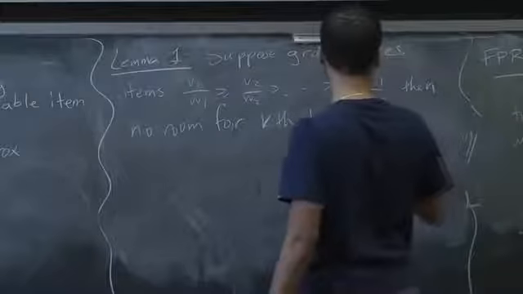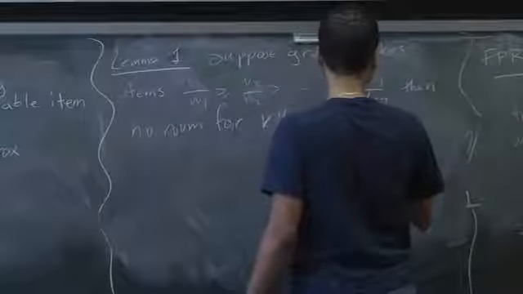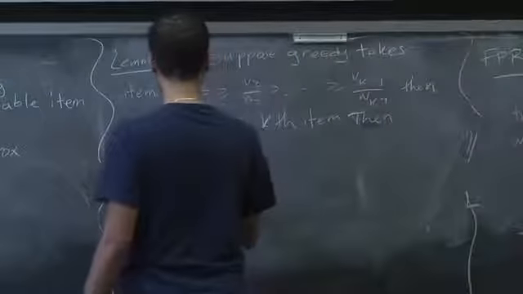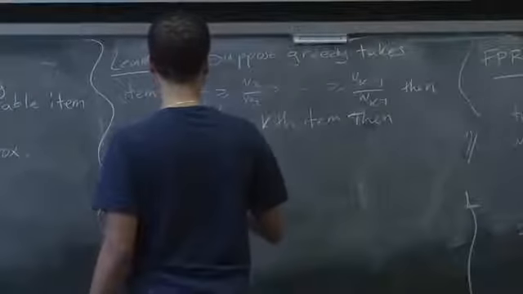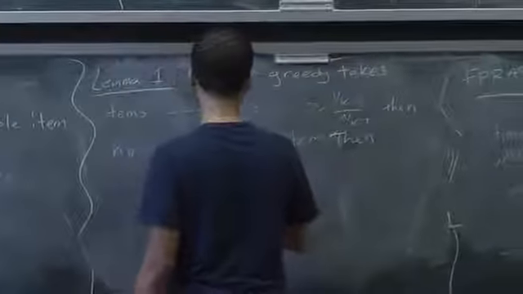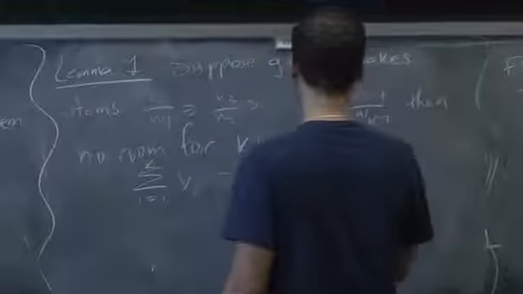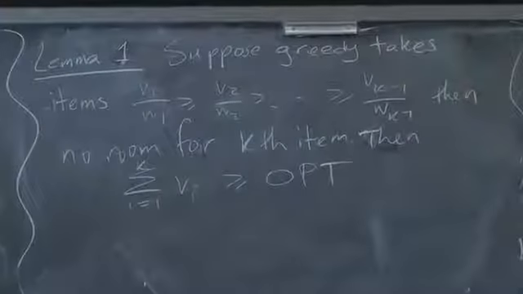Then the sum from i equals 1 to k of vi is at least opt. Okay, that's the lemma.